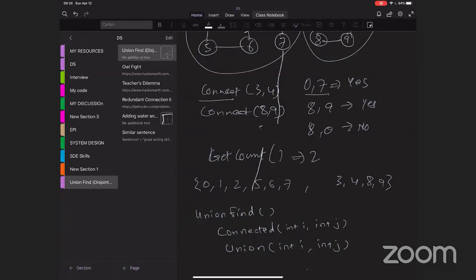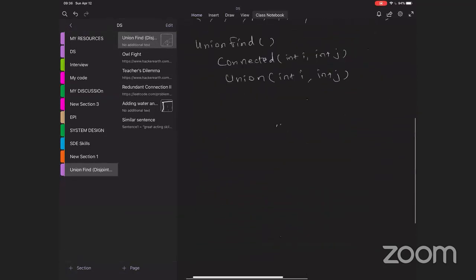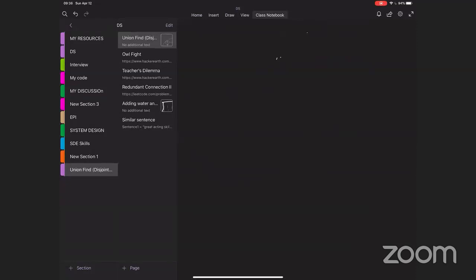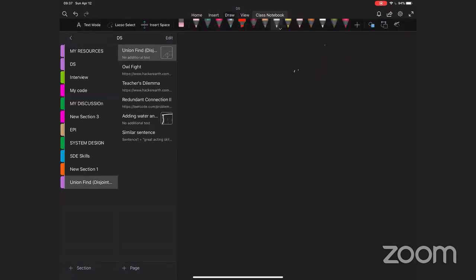There are a lot of different ways to achieve this, and we'll go through a few of them. The first one we are going to use is quick find.